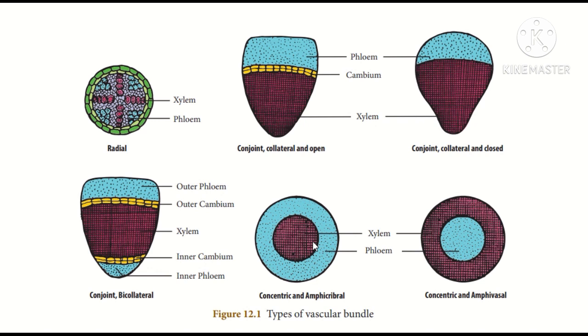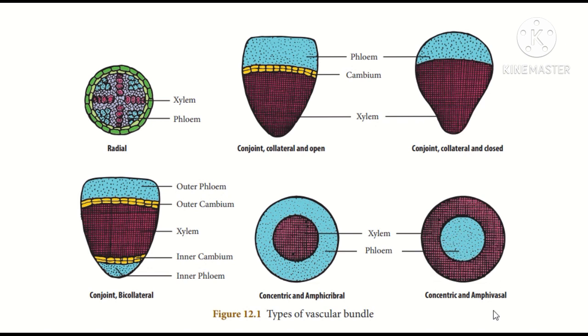Based on what is present inside, or what covers what, it is of two important types. One is amphivasal and the other one is amphicribal. And what is amphivasal and what is amphicribal? In amphivasal, you can see that xylem surrounds phloem. See this diagram, children? Phloem is present inside, or the phloem is surrounded by xylem. That is called amphivasal. Xylem surrounds the phloem.